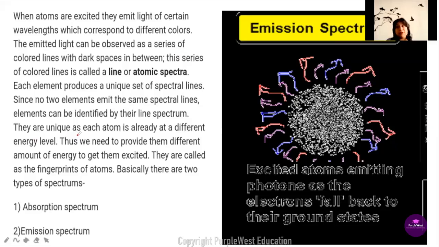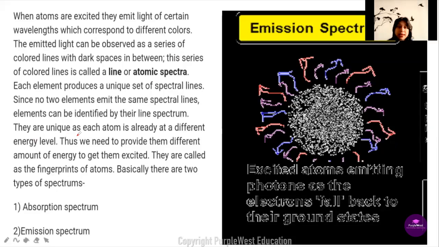As you know, a fingerprint is unique. You have your own fingerprint, and it will not match with any of your friends'. Similarly, hydrogen and oxygen each produce a specific line spectrum, known as atomic spectra.